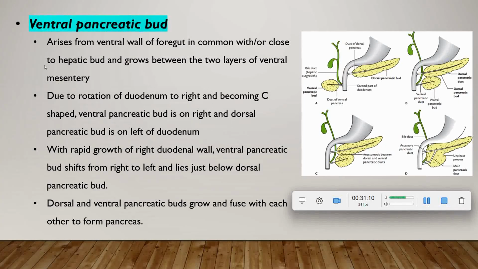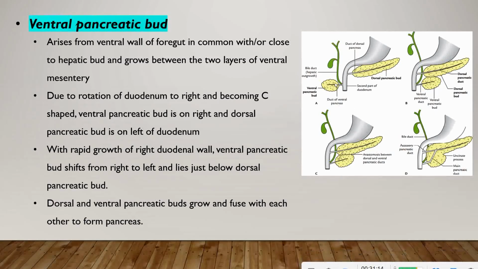Because of rapid growth of right duodenal wall, ventral pancreatic bud shifts from the right to left and lies below dorsal pancreatic bud.